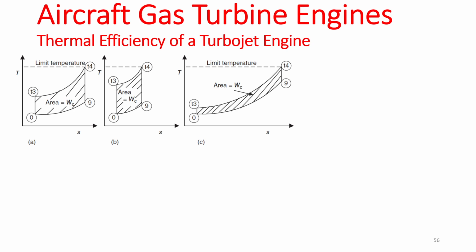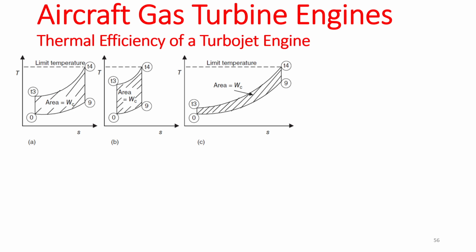So for example, if you look at these three plots, which one will give you the highest efficiency? B, because it has a higher T3, right? Or the difference between T0 and T3 is much higher, right?